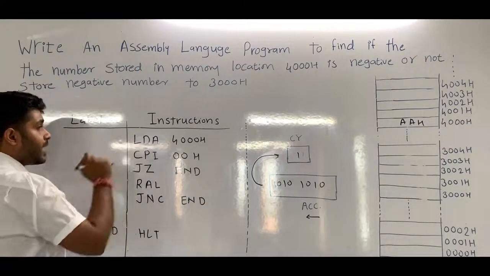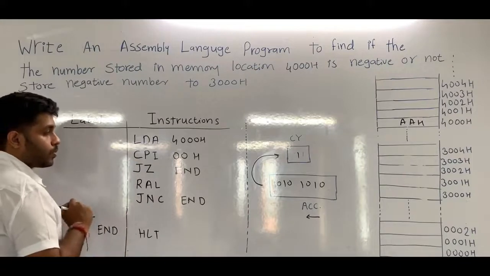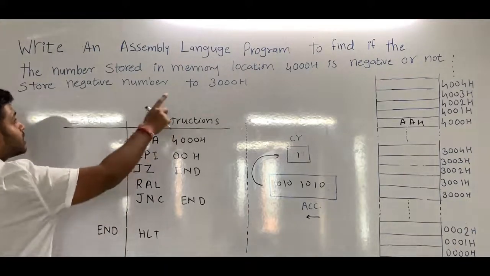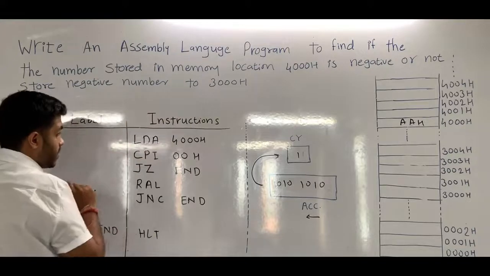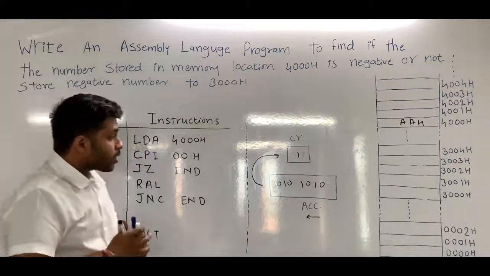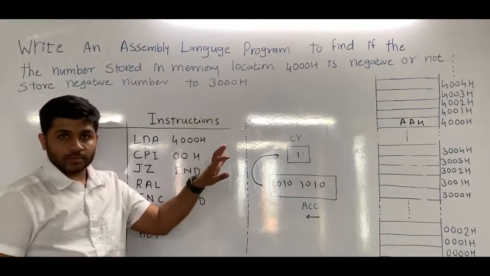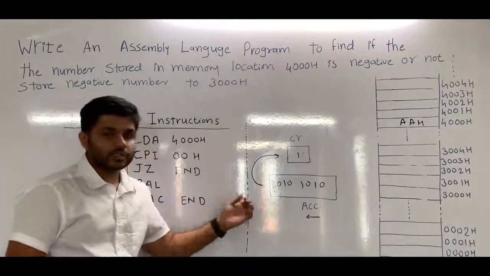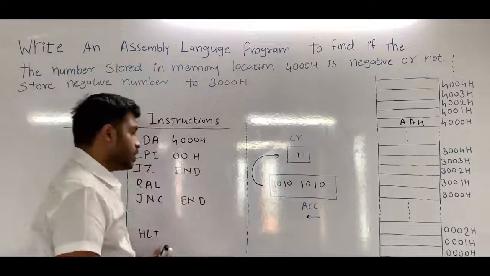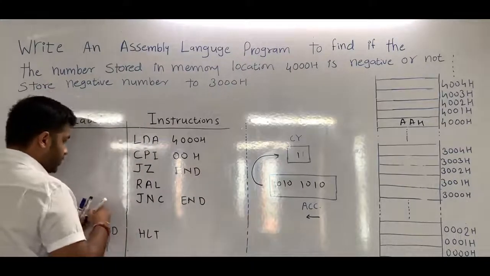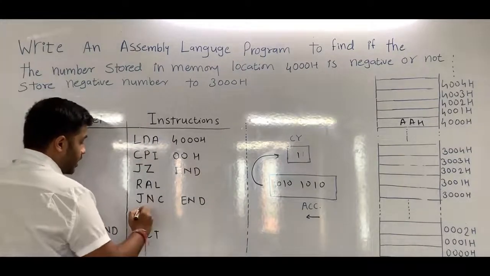So tell me, when the carry is generated, what do we have to do? When the carry is generated, we have to transfer the data to 3000H. But if you notice, because we have performed the rotate operation to the left side, the data is changed. So we have to change the data again so that it will be in the original form. So we will use the instruction RAR.